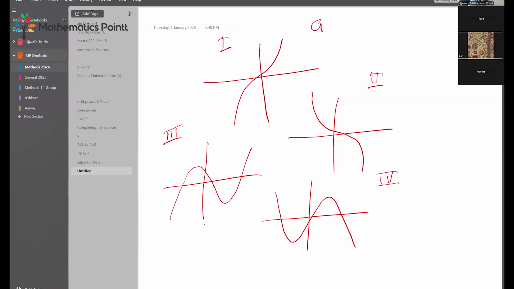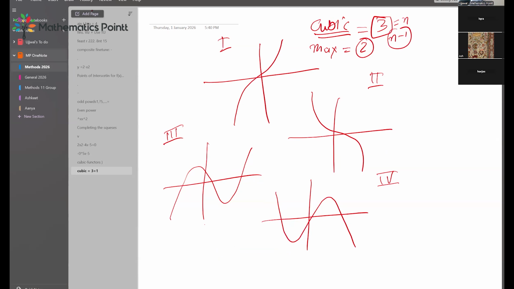Since it is a cubic function, with degree 3, x cubed, the maximum stationary points will be 2, which is that if the degree is n, then n minus 1.